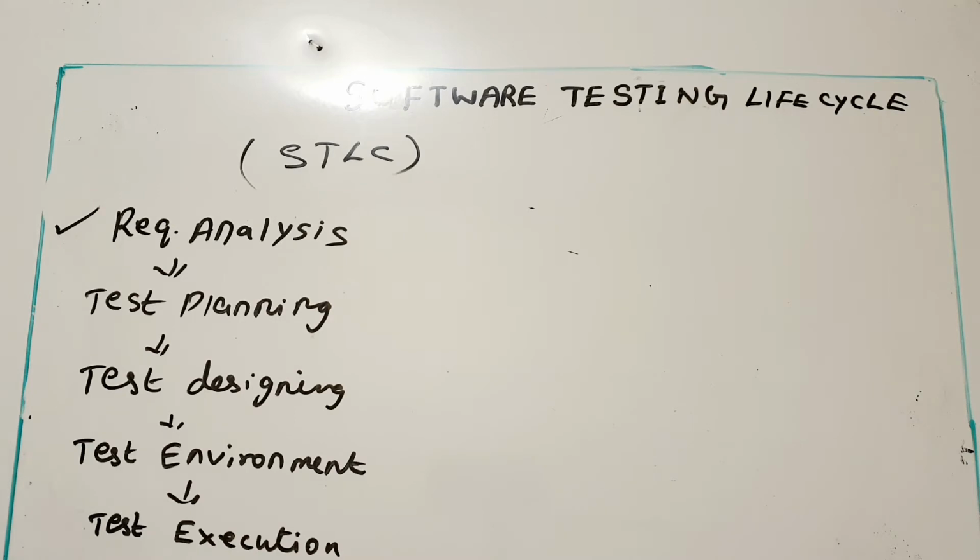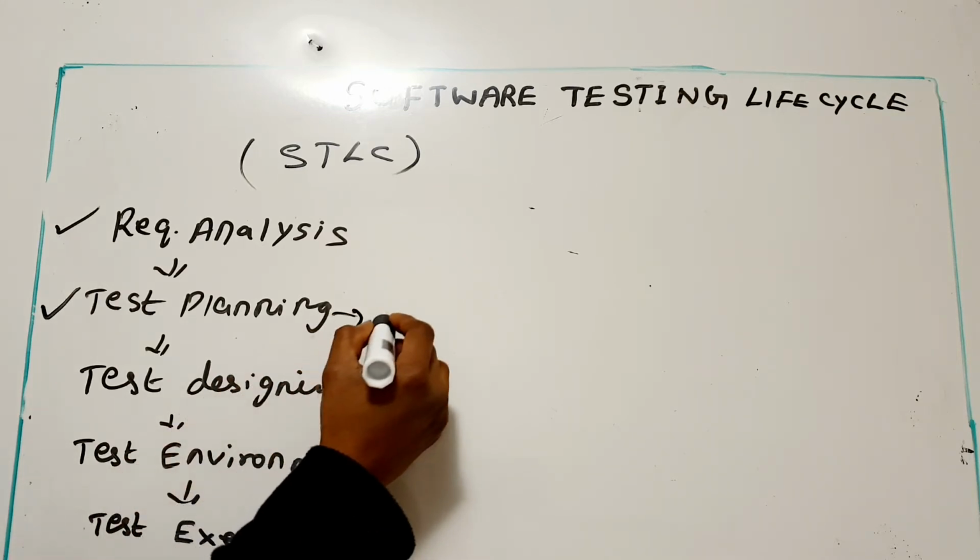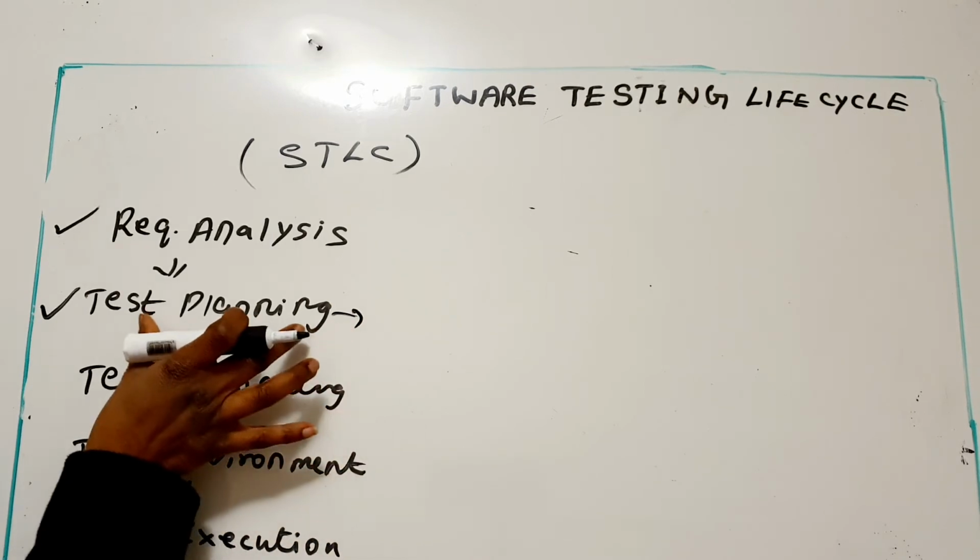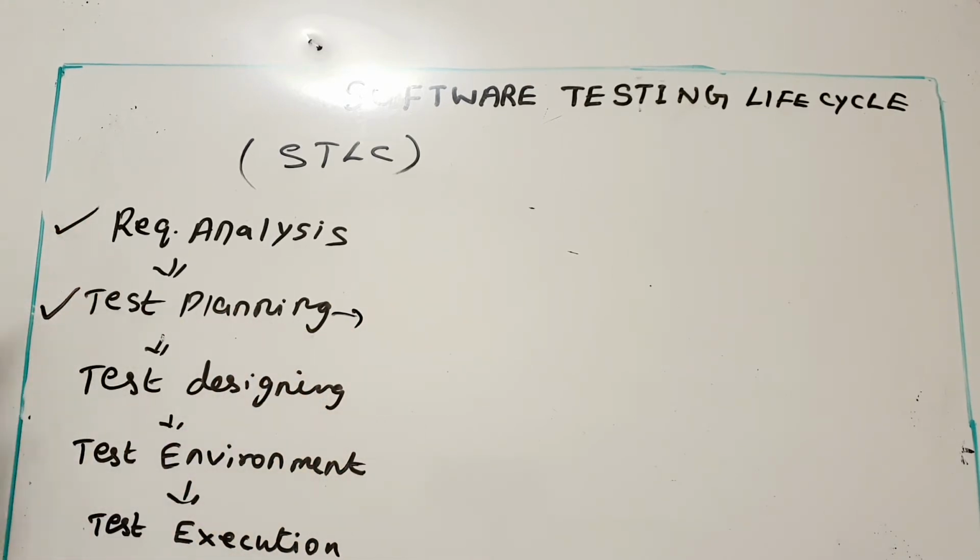Moving to the next phase, which is test planning. Test planning is nothing but planning what test activities you're going to follow. This test planning is a document which contains the plan for your testing activities. It is prepared after analyzing the requirement.